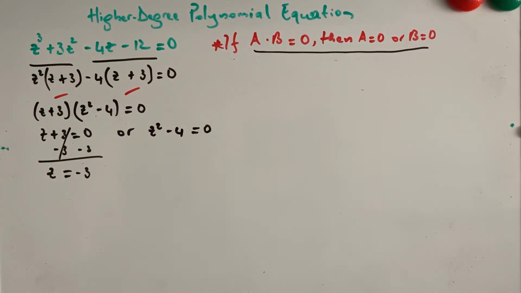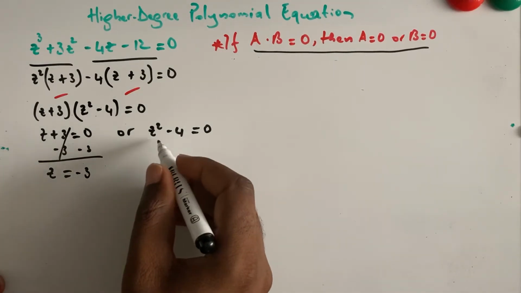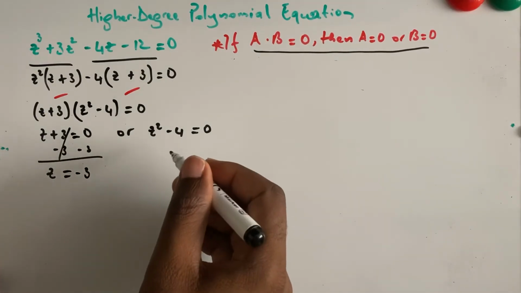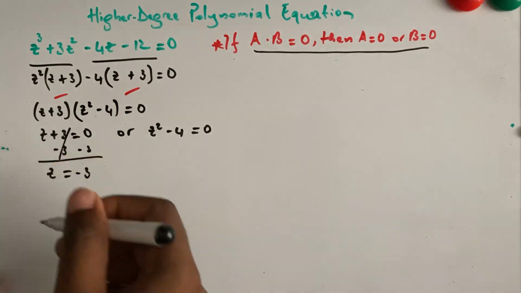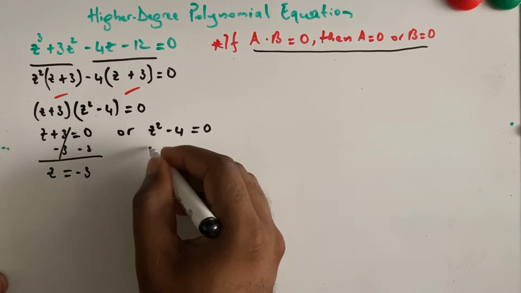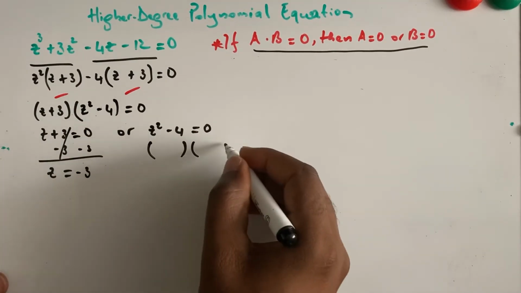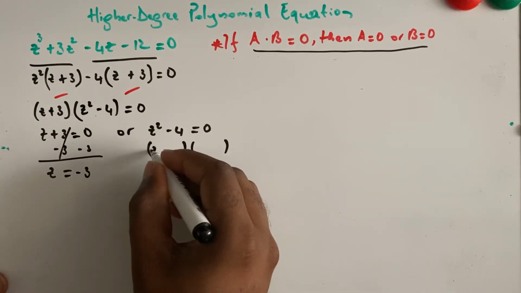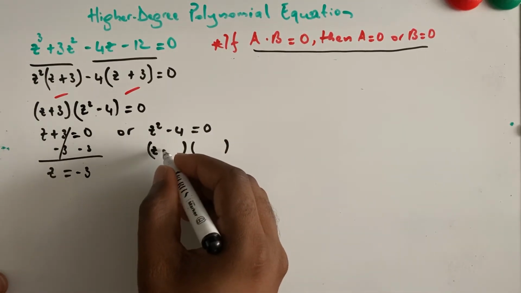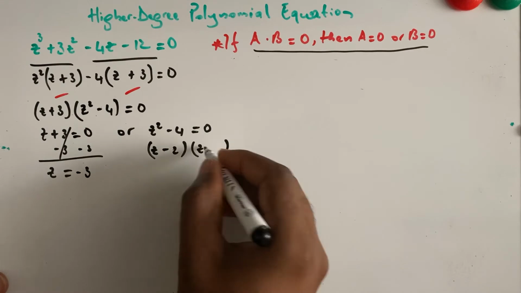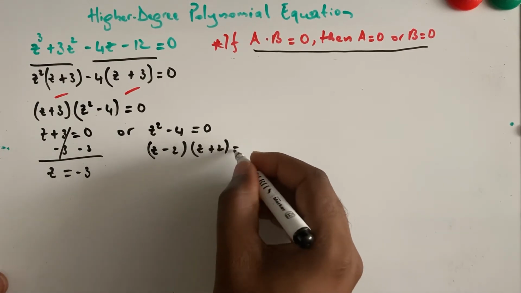If you want, you can keep solving by factoring here. This is the difference of squares, which I covered in another video. So you can actually factor right here. It's z minus 2, z plus 2 equals 0.